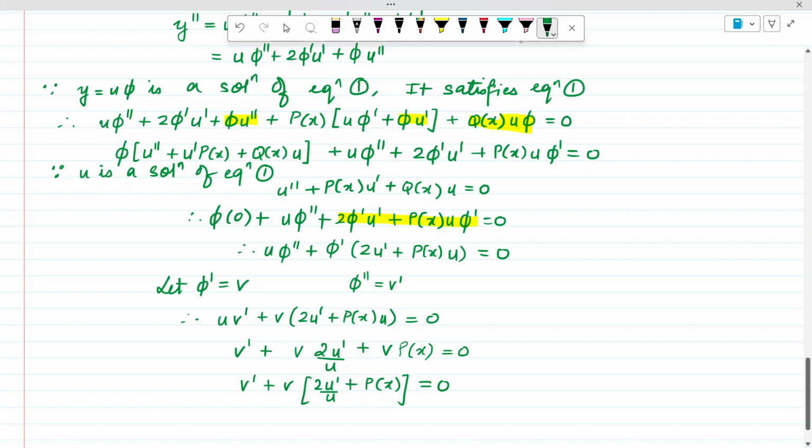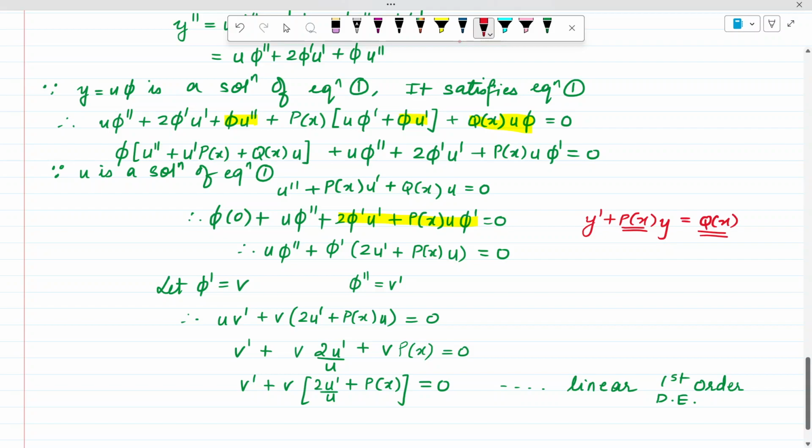Now observe this form. Can I claim this is a linear first order differential equation? Yes or no? Yes, students. What is the standard form of a linear first order differential equation? y dash plus p of x times y equals q of x, where these two should be strictly functions of x.